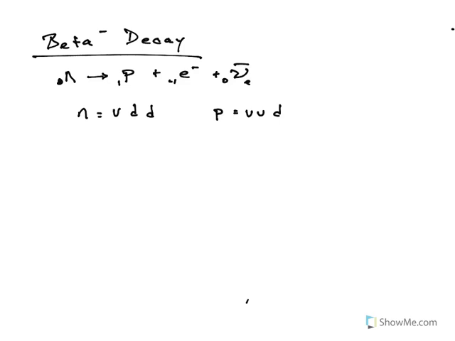The neutrino and the antineutrino are fundamental particles too, so I don't have to open them up. So now I know what I have. I've got 3 quarks, an up and 2 downs, turning into 3 quarks, 2 ups and a down, plus an electron, plus an antineutrino. So now I need to draw this Feynman diagram.